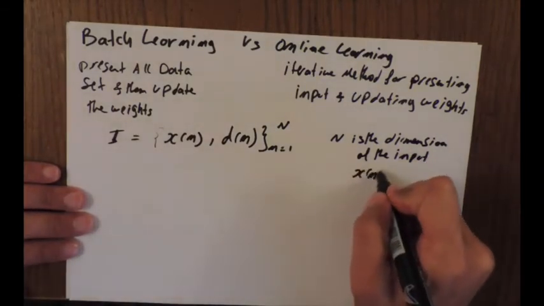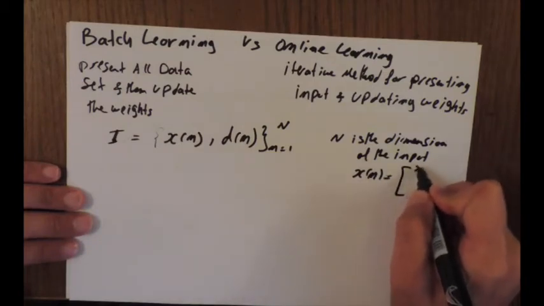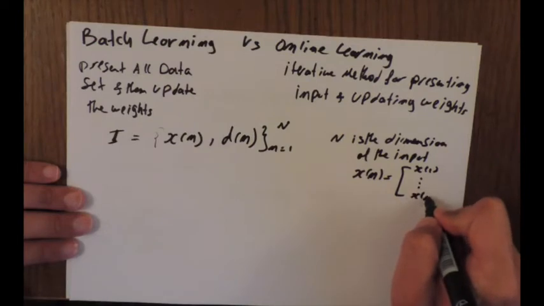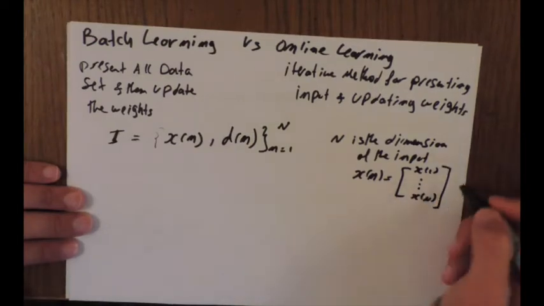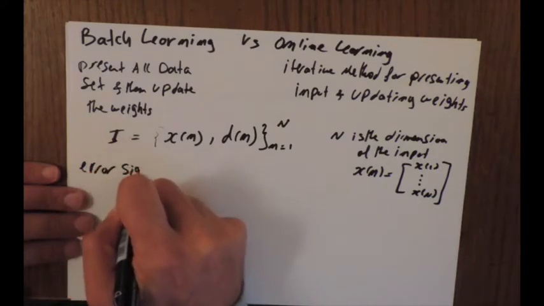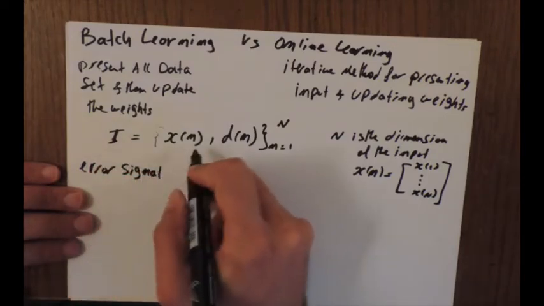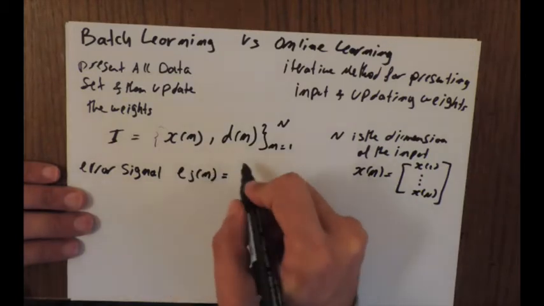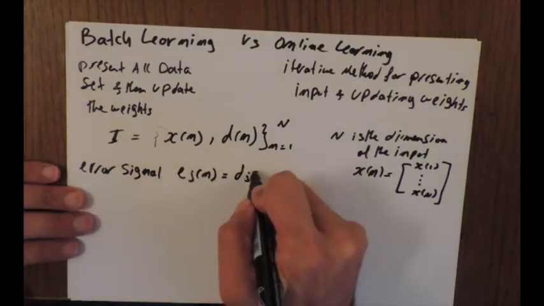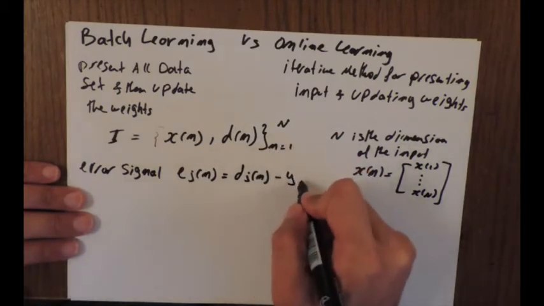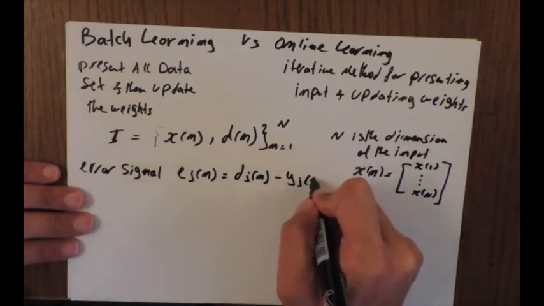So x of n is equal to x of 1 to x of n. Of course, the error signal is presented as follows: e j of n is equal to d j of n minus y j of n.